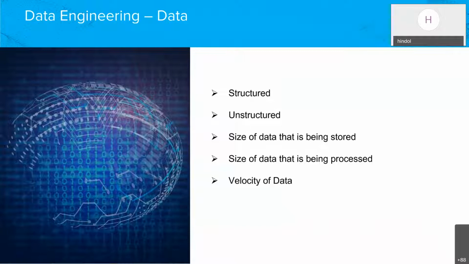The other aspect is the size of data. Of course, all of you have heard about big data and Hadoop, etc. When you have massive data, you may sometimes just want to store it. You may not be using massive data for processing. So what is the size of the data that you are using for storage and how much you are using for processing?